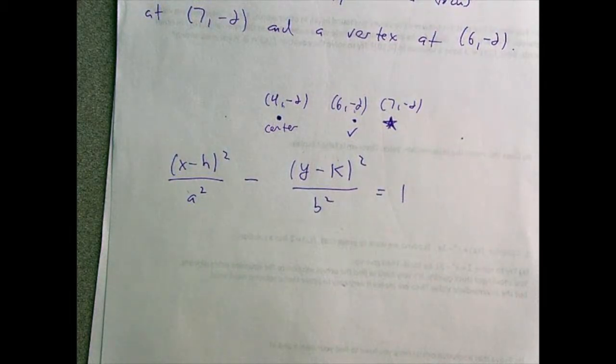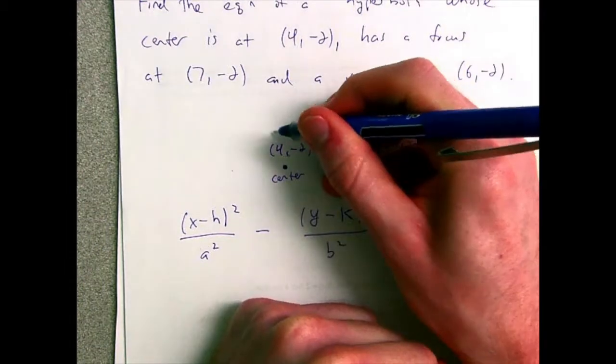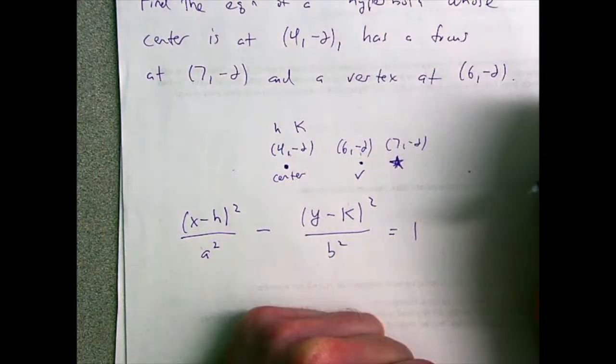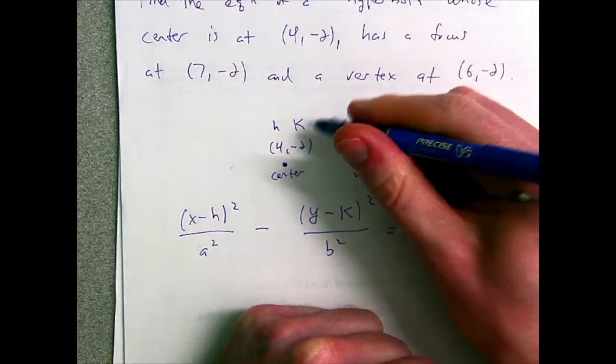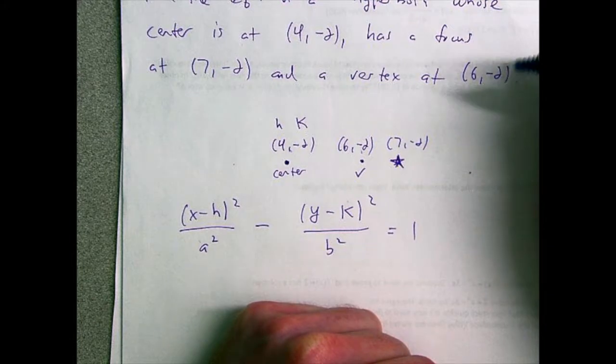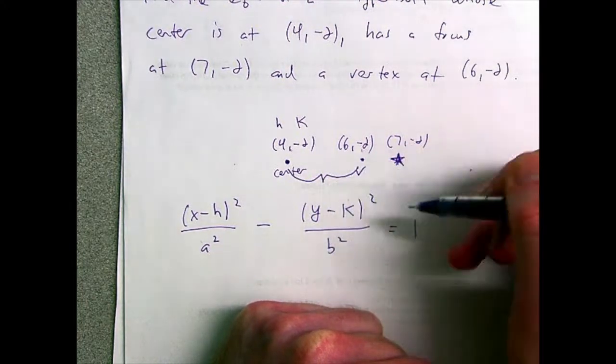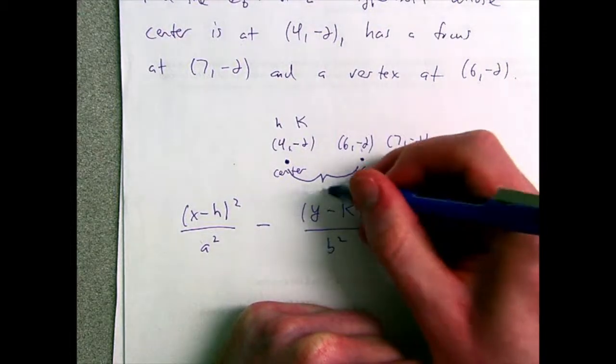Now, we know that the center is at (4, -2), and that is h comma k. As always, h and k give you the coordinates of the center, so we know h is 4 and k is -2. What else can we figure out? Well, this distance from the center to a vertex on the right has to be a.